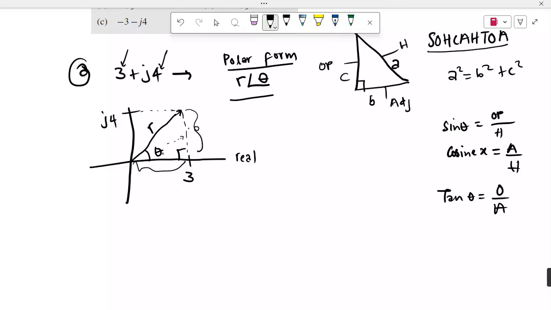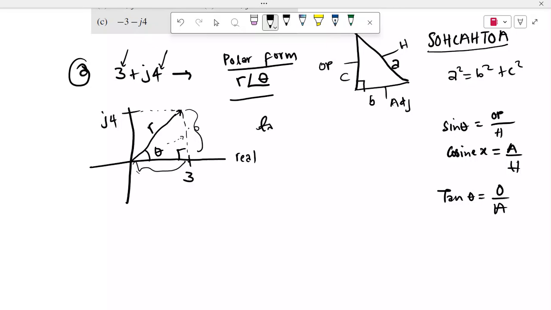Yeah, so if you see this angle, its opposite is this part, which is just a distance from here to here, which is just this 4. So the J is just to show you that this is an imaginary axis. Okay? But if we want to use a number here, we just get the number 4. Then adjacent is 3.